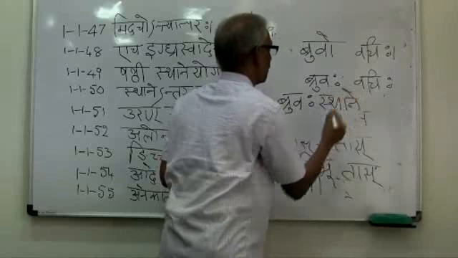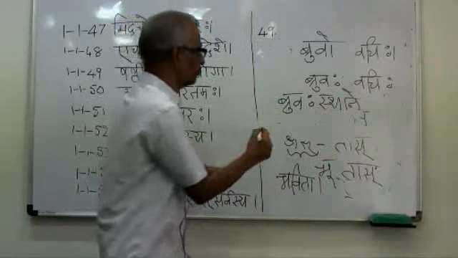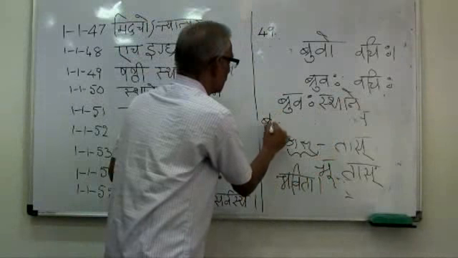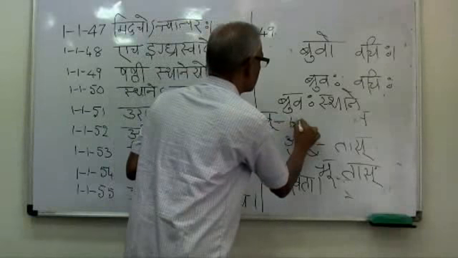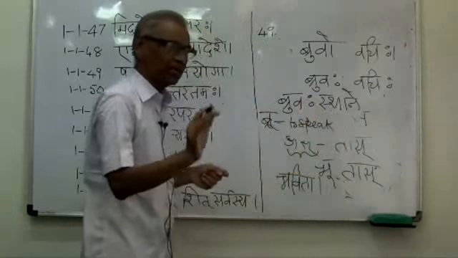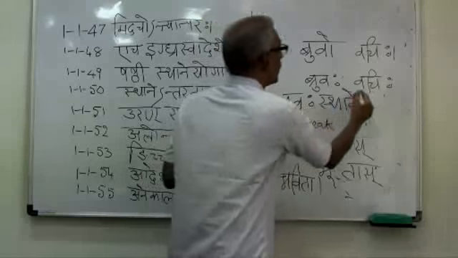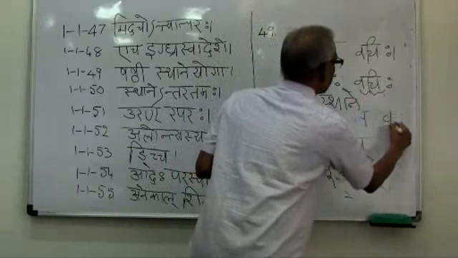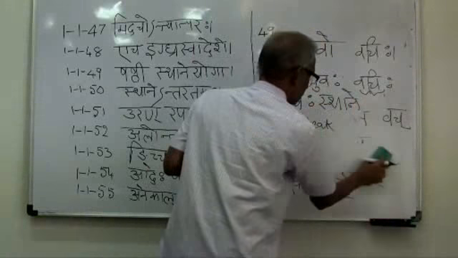What is the meaning? In the place of the dhatu Bru, which says to speak, in certain prachaya, when certain prachayas are added, in the place of Bru, we have to take this Vach. Instead of Bru, we have to take Vach.